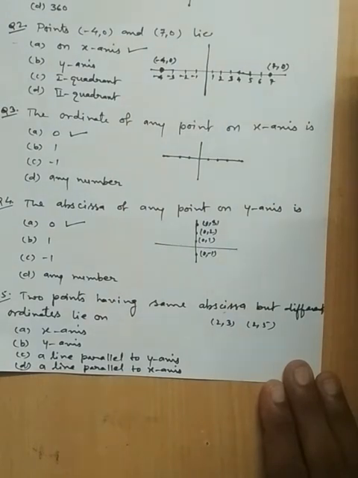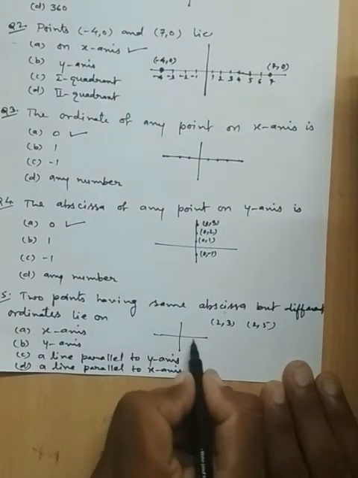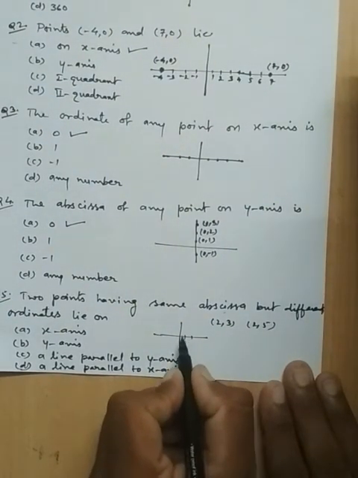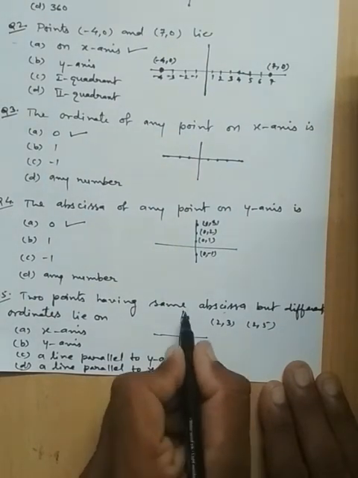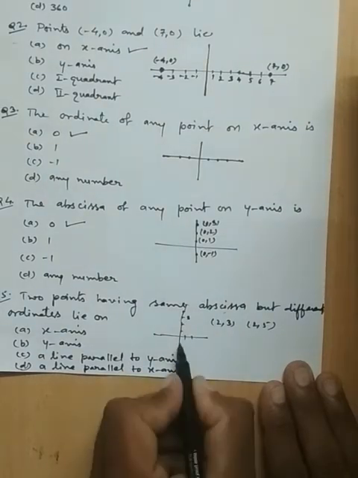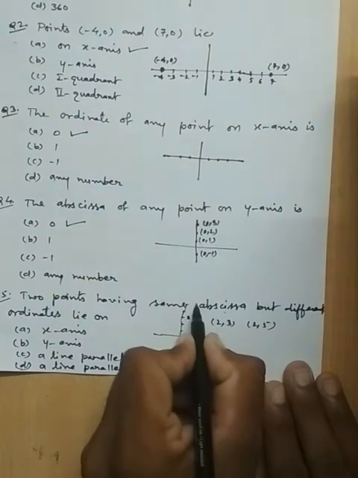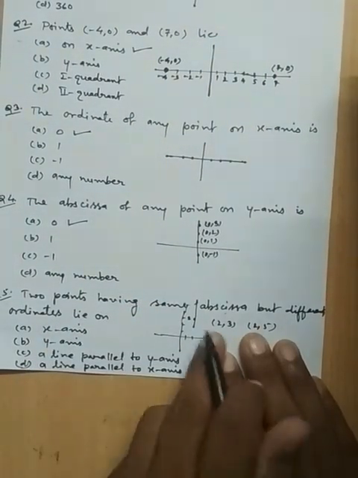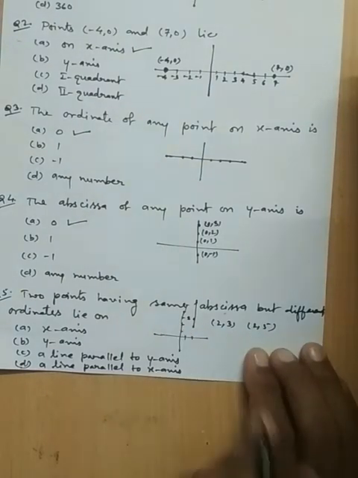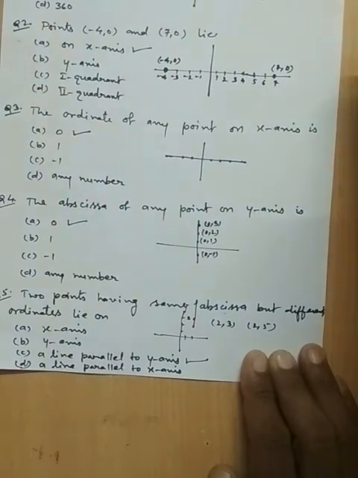If we draw these points on the Cartesian plane, the point (2, 3) lies here, and (2, 5) also lies on this line. Both the points lie on a line, and this line is parallel to the y-axis. So its answer is a line parallel to the y-axis.